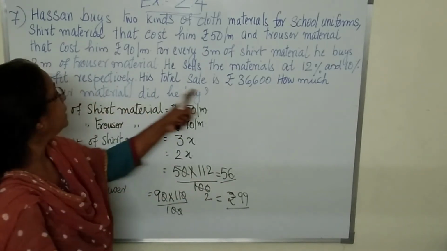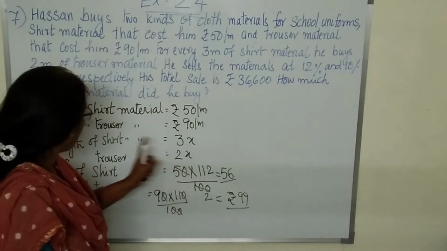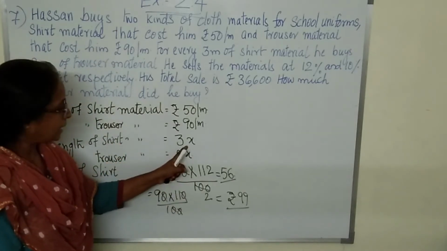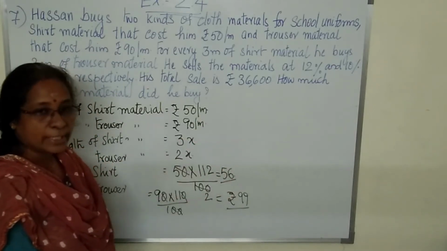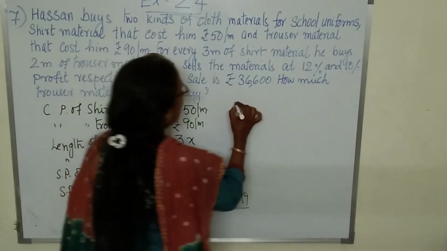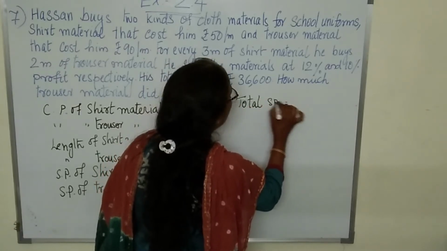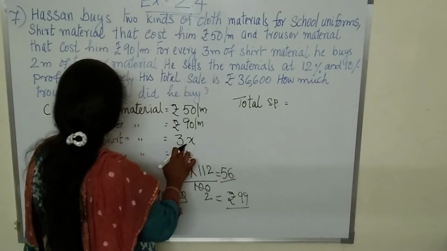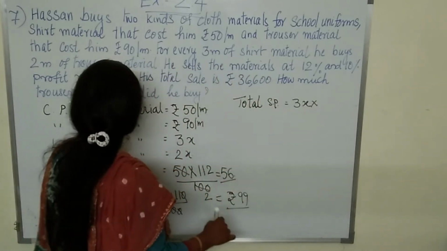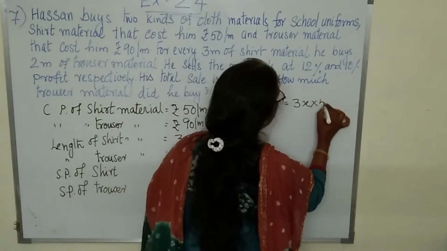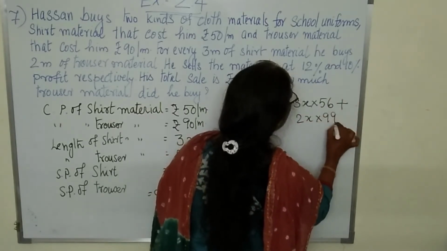Now what is the total selling price? It is 36,600. Now see, how much shirt does he buy? 3x, at the rate of 50, and he sells at the rate of 56. So let us find out the total selling price. Total SP is equal to 3x into 56 plus 2x into 99.